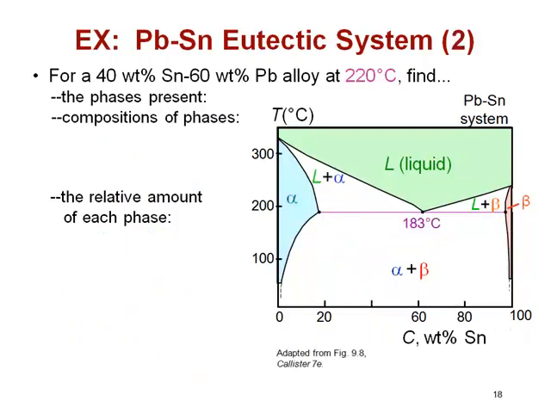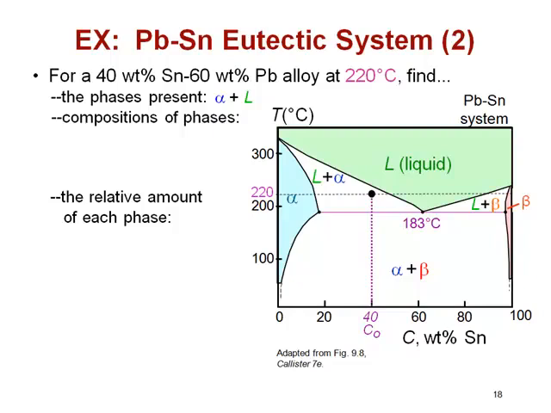And then now for a 48% tin, temperature has now increased to 220. Where does it go then? It goes to the two-phase region of L plus alpha. How do we do this part? The phases present are alpha plus liquid.